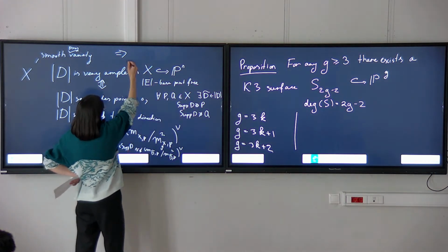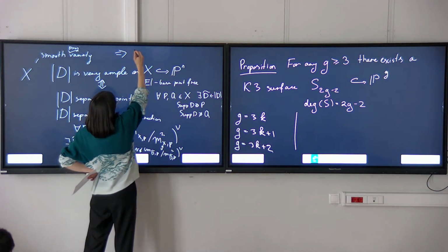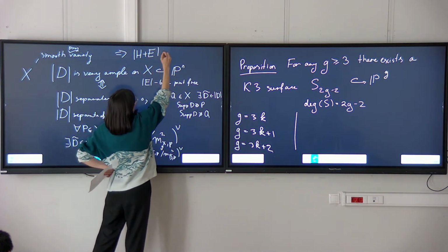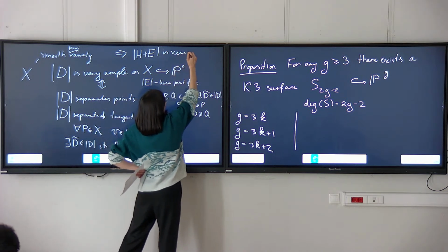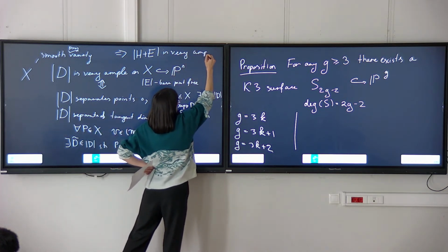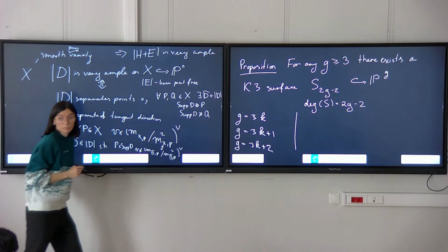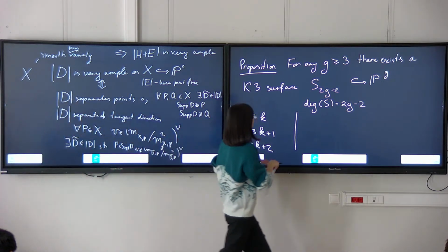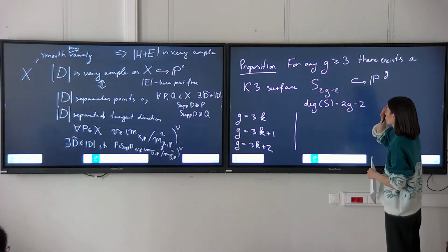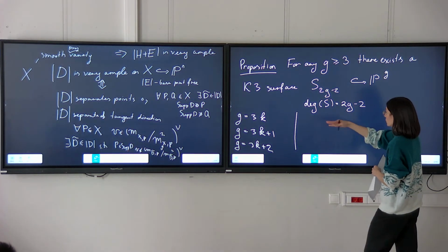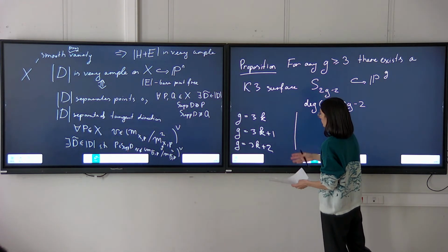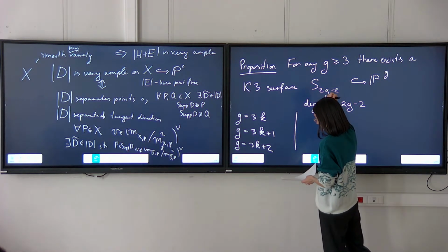Then from this criterion, we can immediately obtain that the linear system is very ample. Okay? And using this, I will send you an exercise where you will prove this on your own.